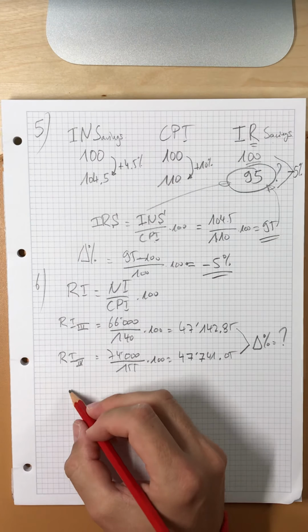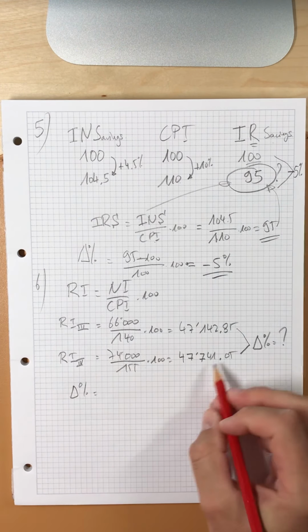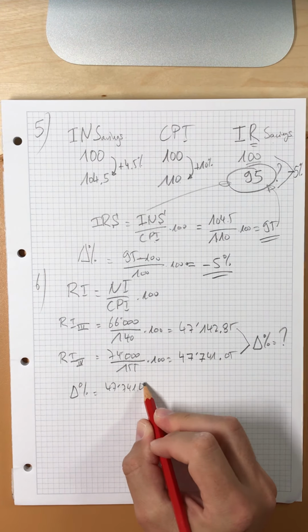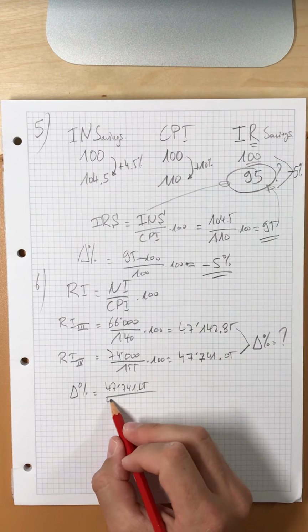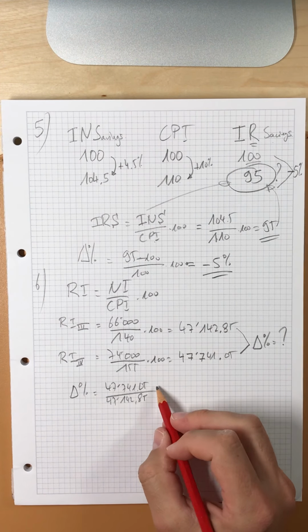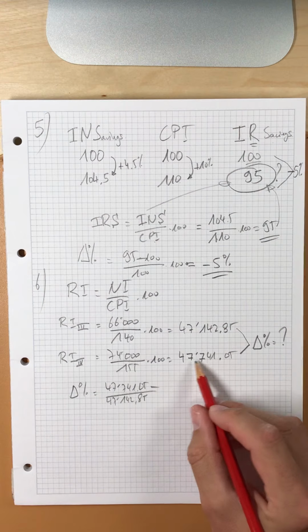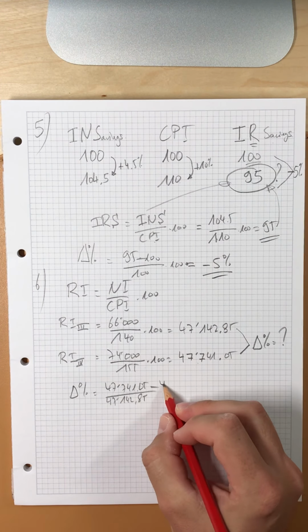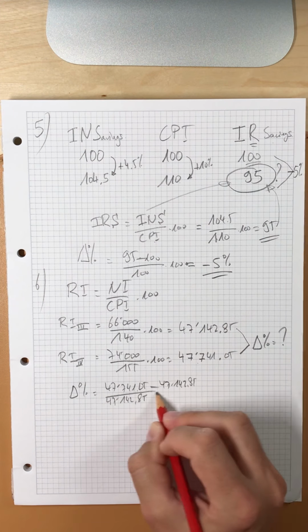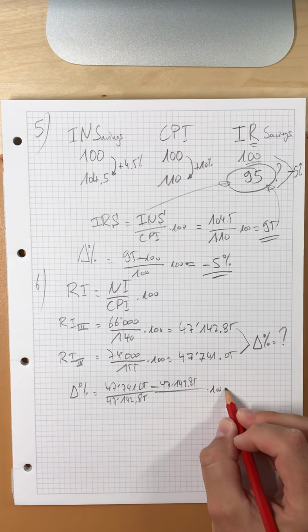And the question is, what is the percentage change? So, percentage change: arrival, 47,741.05, minus departure, 47,142.85, over this one times 100.